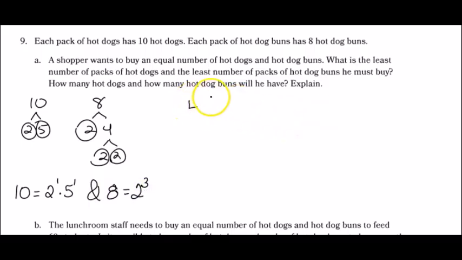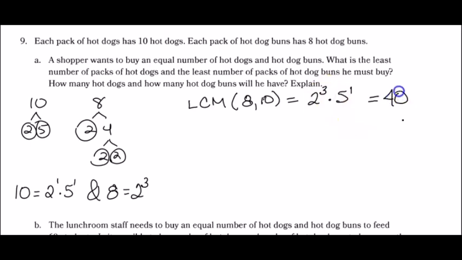So now, the least common multiple of 8 and 10 is going to be each of the bases, and then the highest exponent from each. So 8 times 5 is 40.